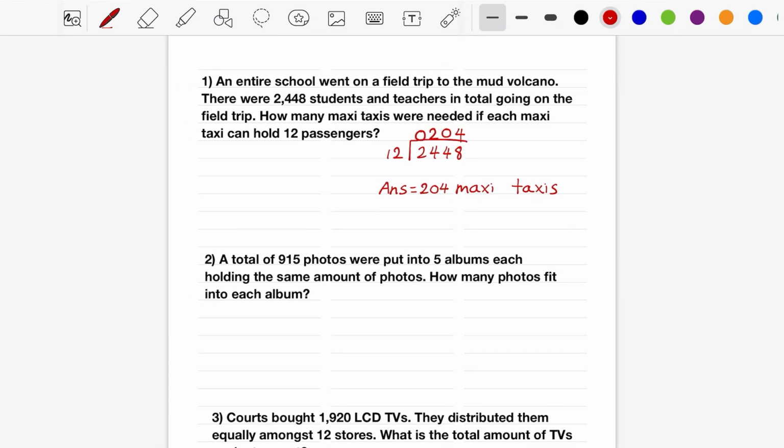After attempting number 2 and 3, you can pause the video, and if you have any corrections to make, you can do that.